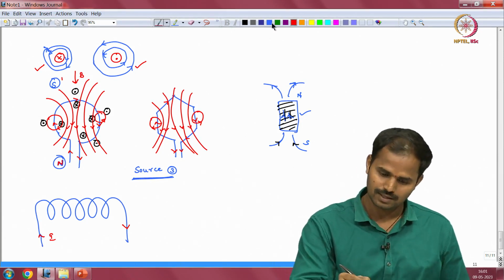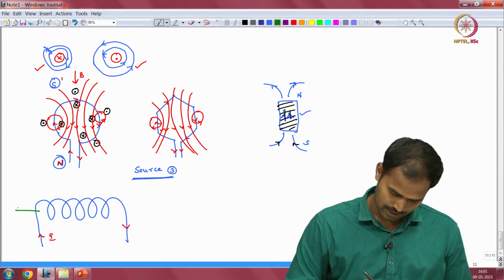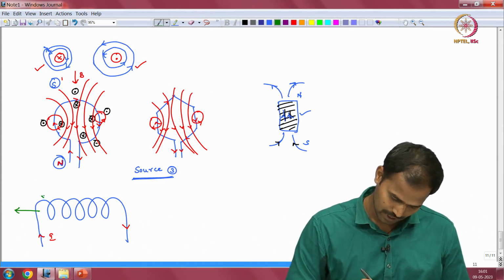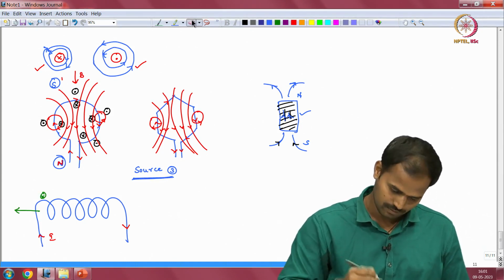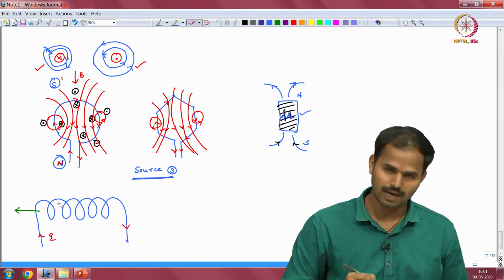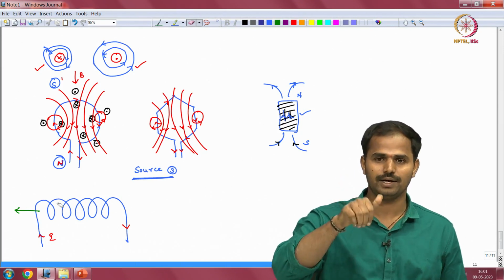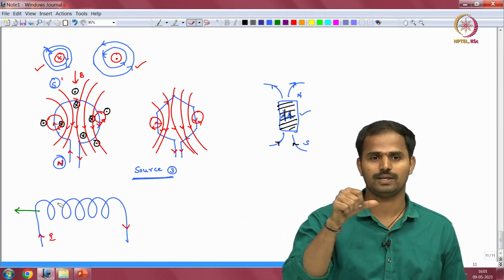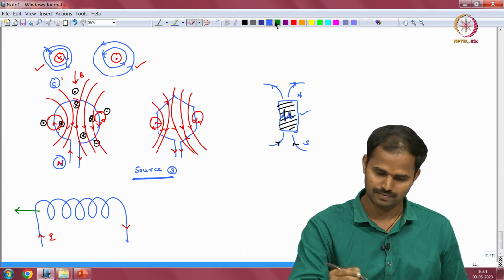So the flux is coming in this direction and current is going in and coming out. You just assume that current is going in and coming out, and the thumb represents the B field.